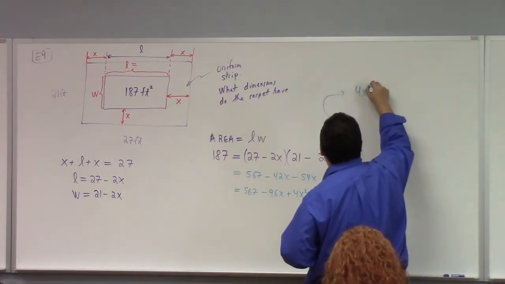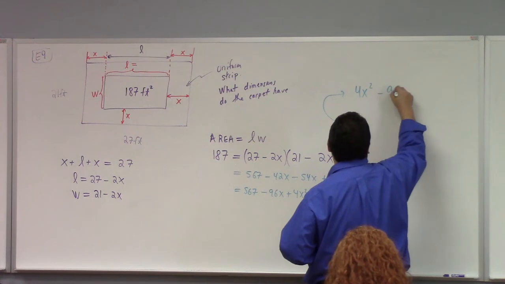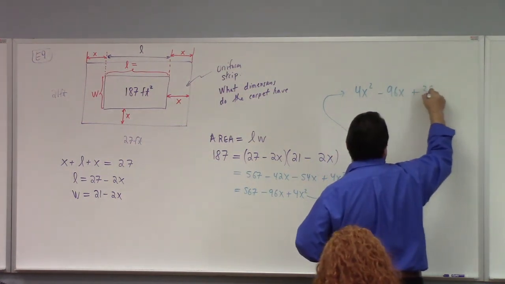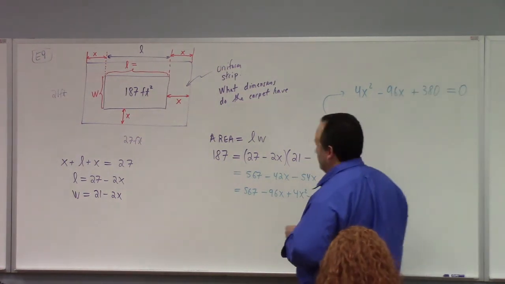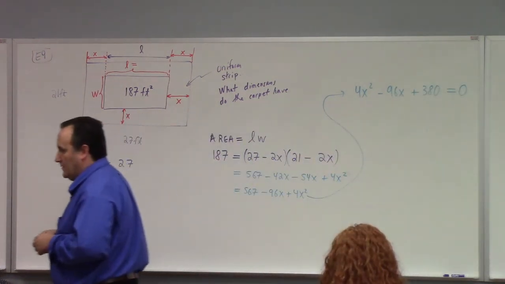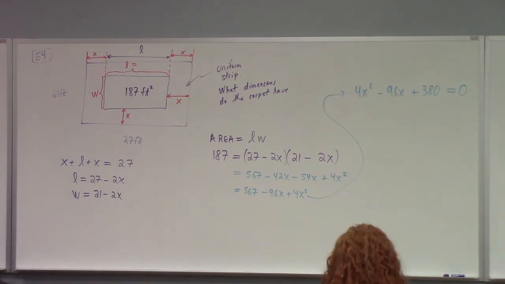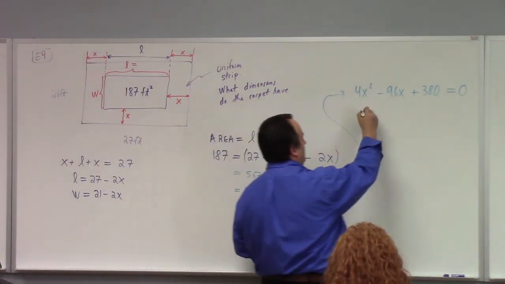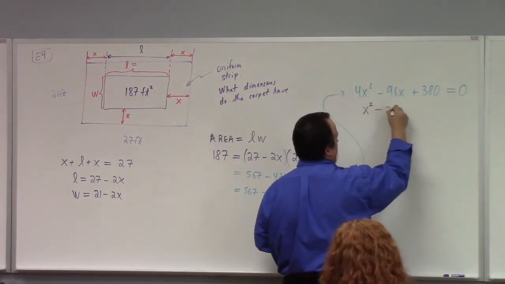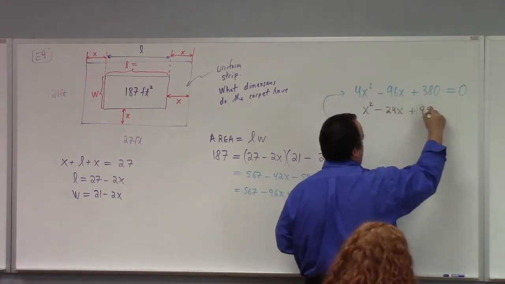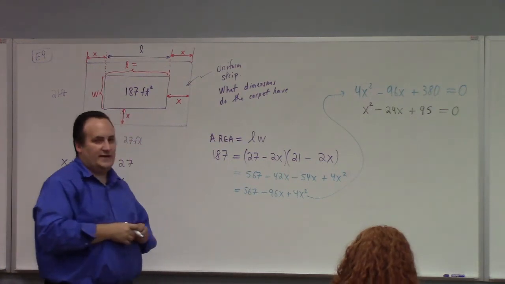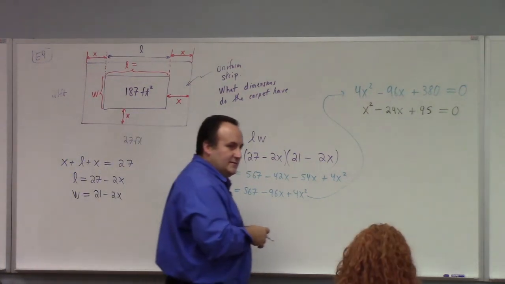We've got 4x squared minus 96x plus 380 equal to 0. Divide by 4, what do you got? We've got x squared minus 24x plus 95 equal to 0. And you're like, 95? Well, 95 is 5 times 19.